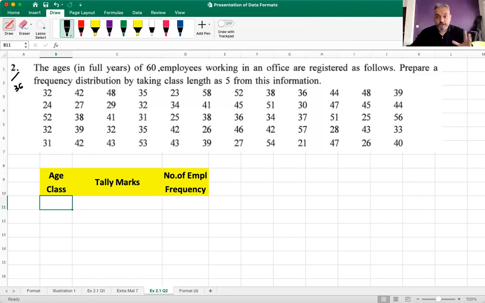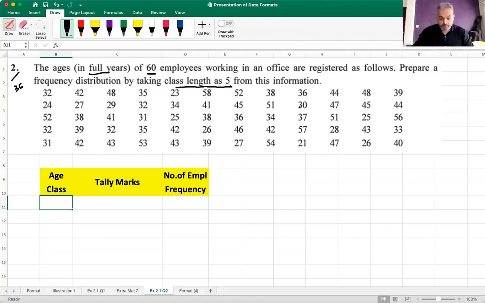Full years का मतलब क्या है कि if I ask you what's your age, you will say your age is 17. It means your 17 years are completed, 18th is running. So that is why it is given in full years. Prepare a frequency distribution by taking class length as 5 from this information.